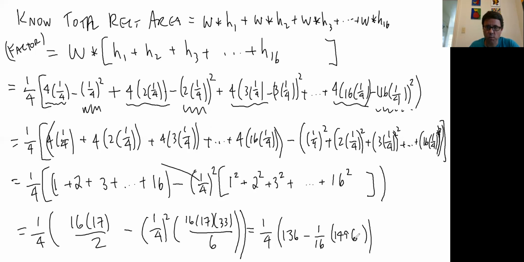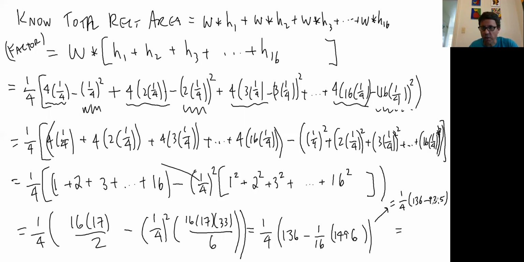16 times 17 times 33 divided by 6 is 1496. Which looks big, but that's okay. You've got to multiply this out. So divide that by 16. Running out a little bit of room, but I'll try and squeeze in maybe one more step. That's a quarter of 136 minus 1496 divided by 16, which is 93.5.